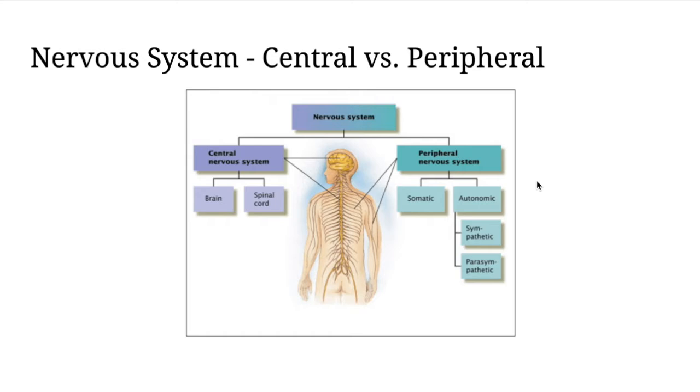The other division we have is the autonomic nervous system, again, part of the peripheral nervous system, and that can be divided into the sympathetic nervous system and the parasympathetic nervous system. Now, these are going to function under different conditions. The sympathetic nervous system controls what we refer to as the fight or flight response.